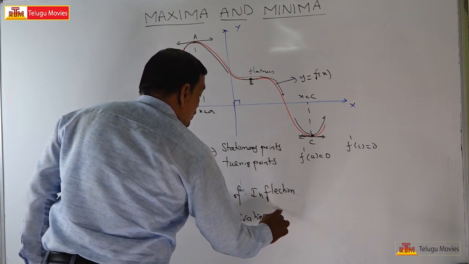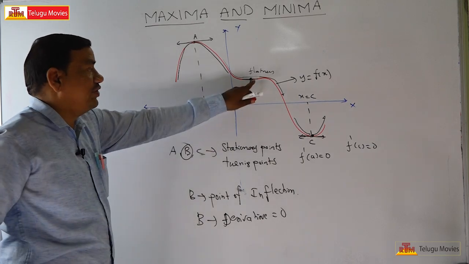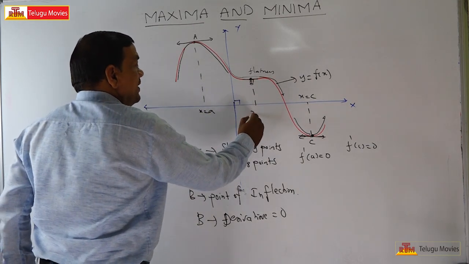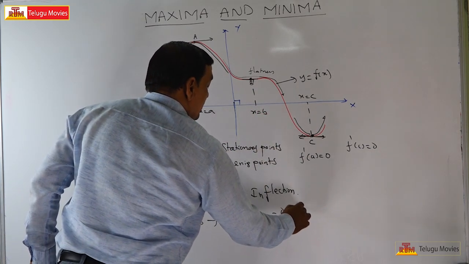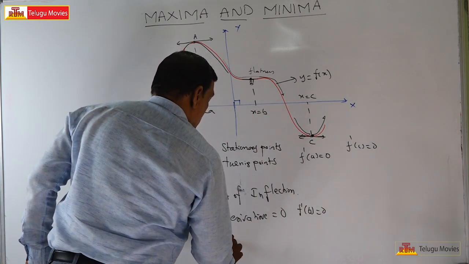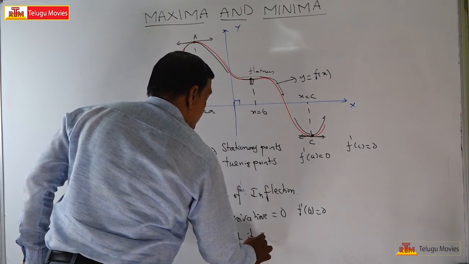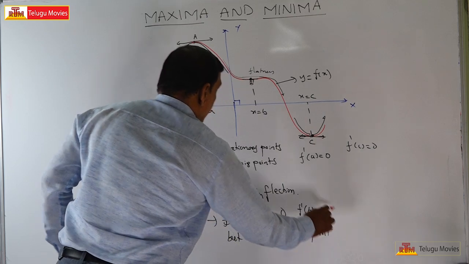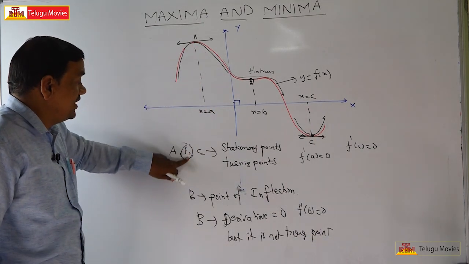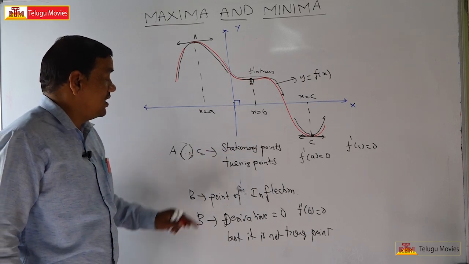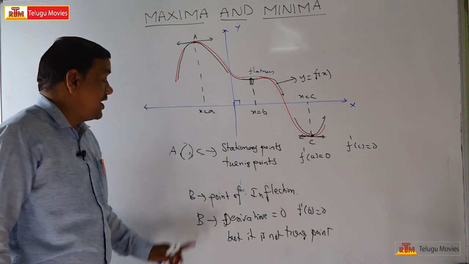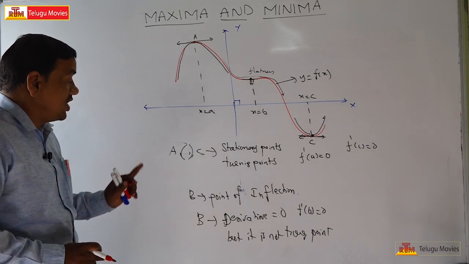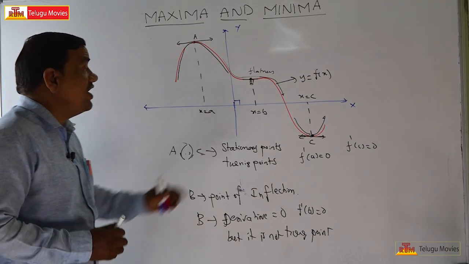If you find the derivative at x is equal to b, f dash of b is equal to 0, but it is not a turning point. Understand this? So here, A and C are the turning points, but B is not a turning point, even though the derivative is equal to 0.